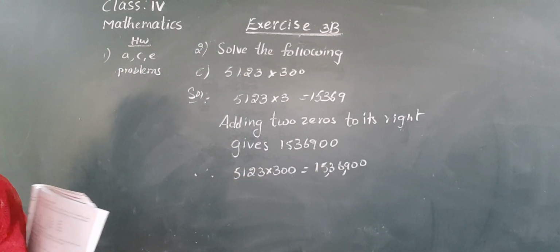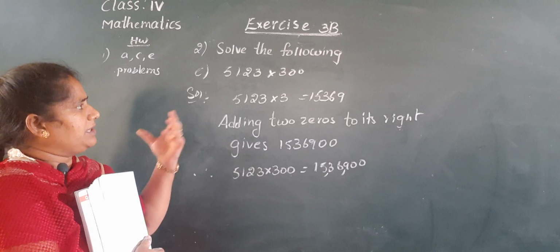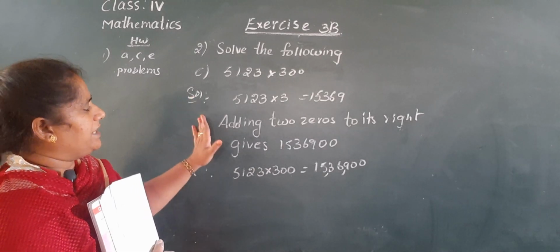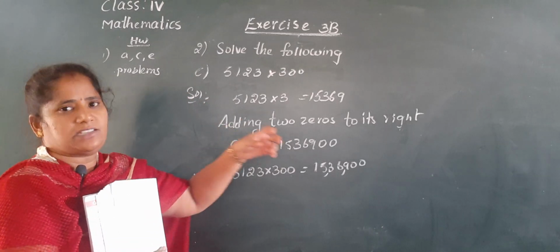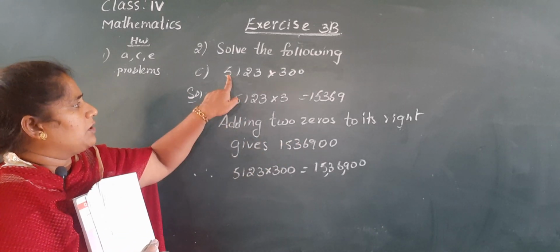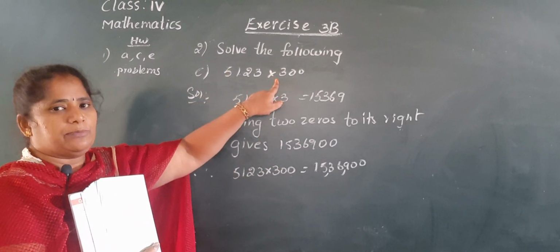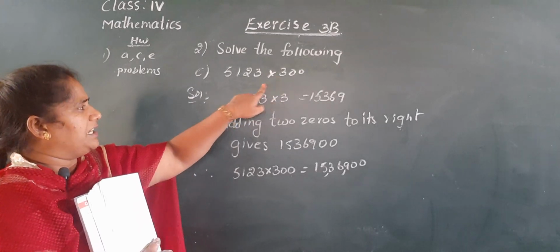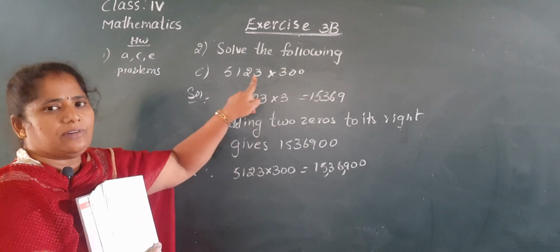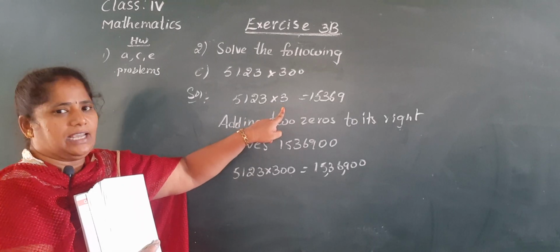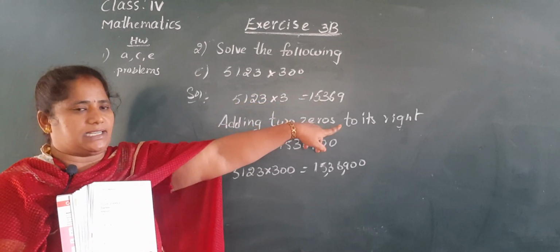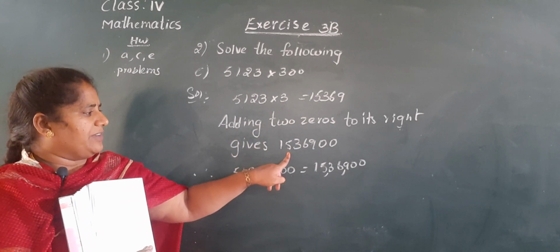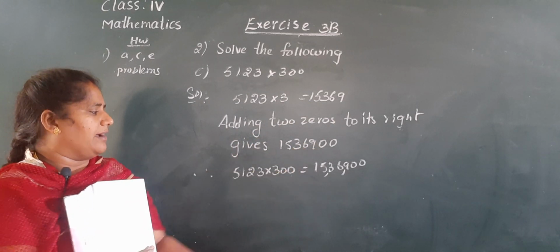5123 into 300 equal to 15,36,900. Okay, Nana? If you know how to do this one, then you need not write the steps. Otherwise, if you can't understand, write the steps also. So if any number is multiplied by multiples of 100, first you multiply the numbers, that means 5123 into 3. Then add these 2 zeros to its right, which gives 15,36,900.